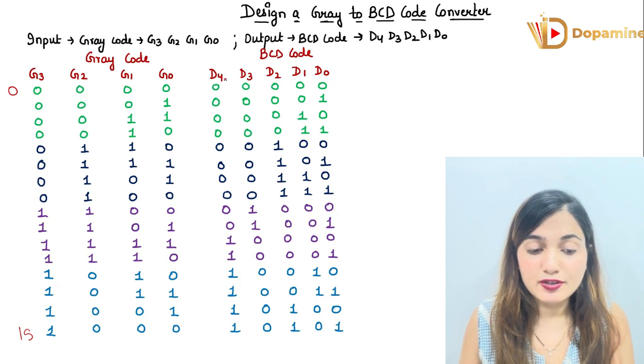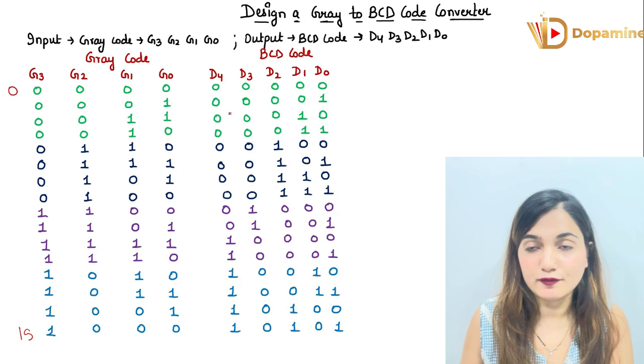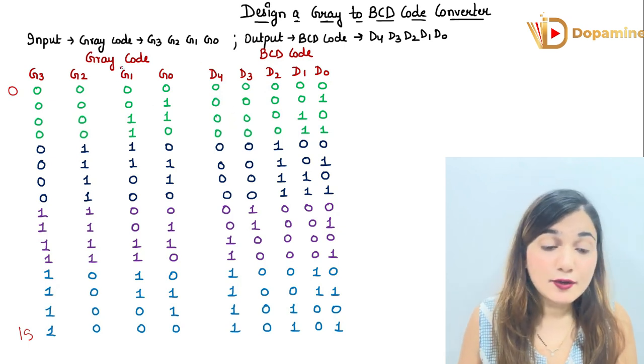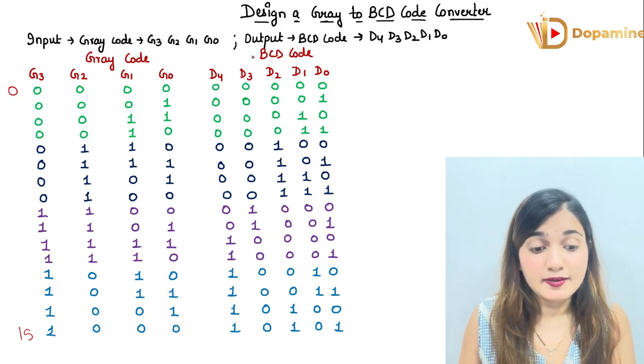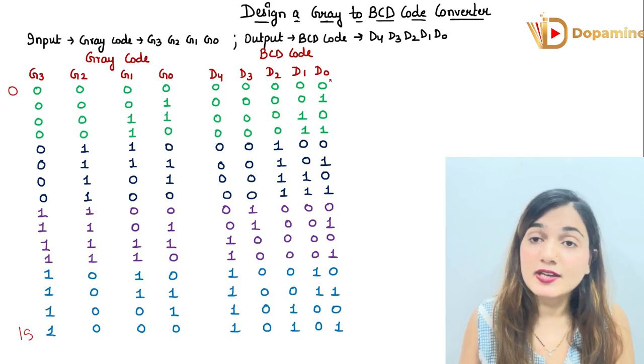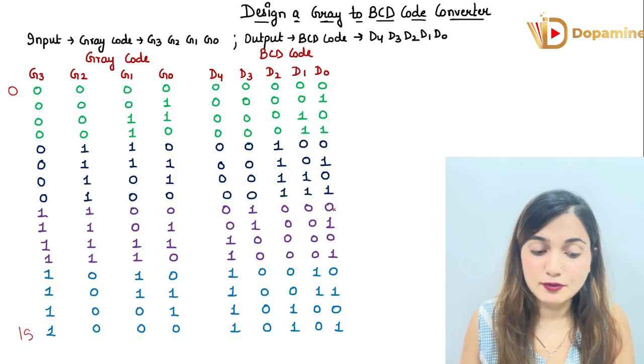So we are using 5 bits for the BCD code D0, D1, D2, D3, D4. So here it is very important to understand the gray code is of 4 bits but the designed BCD code will be of 5 bits, because the gray code is ranging from 0 to decimal number 15 in 4 bits, but the BCD code in 4 bits ranges from 0 to 9 only.